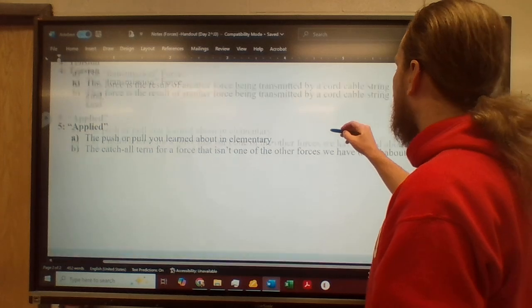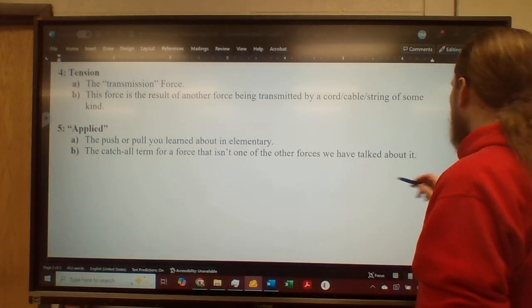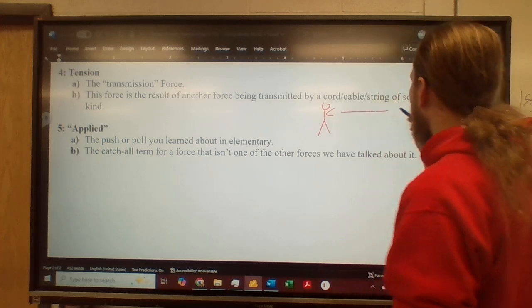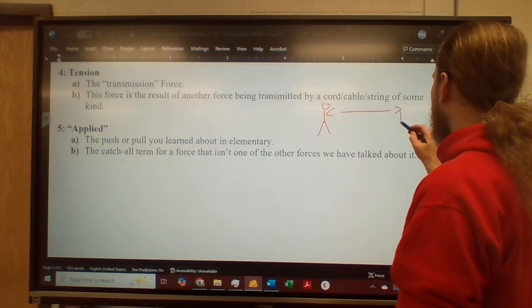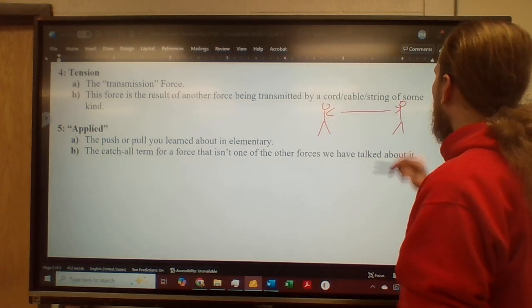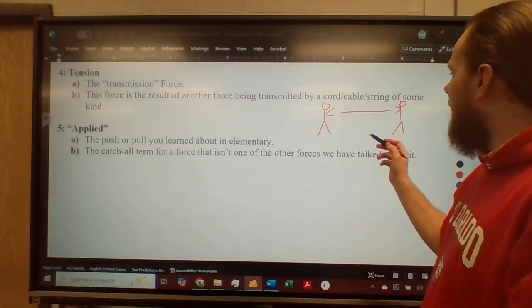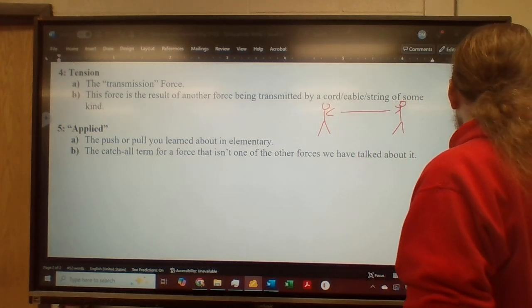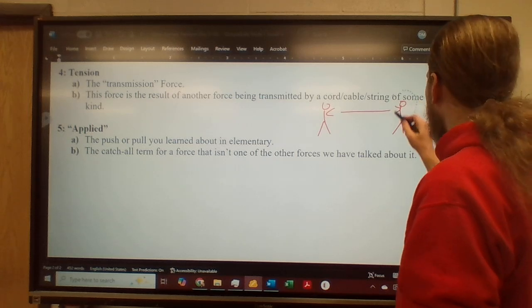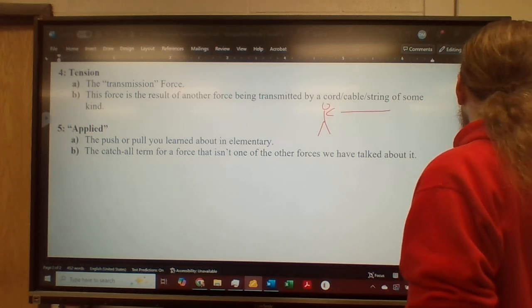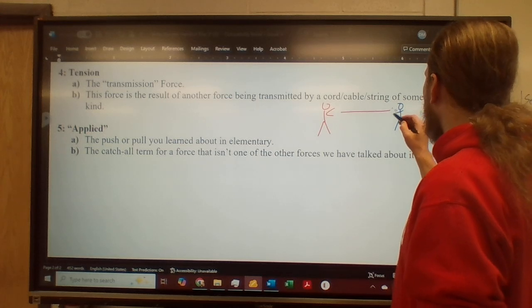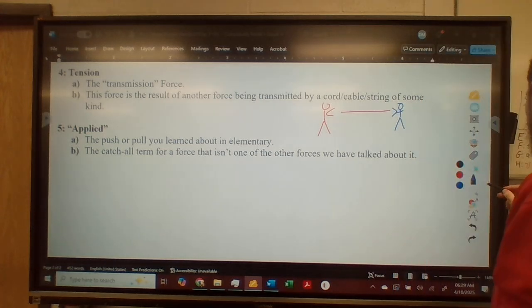If you have two folks playing tug of war, they are both experiencing a tension force. Okay, so this person, I'm going to make these guys two different colors. Pretend those are his arms.